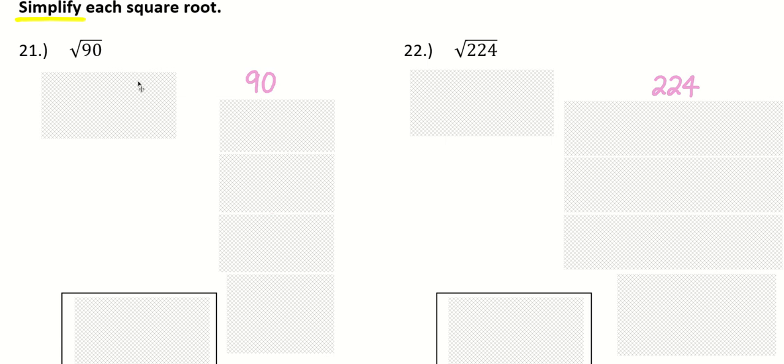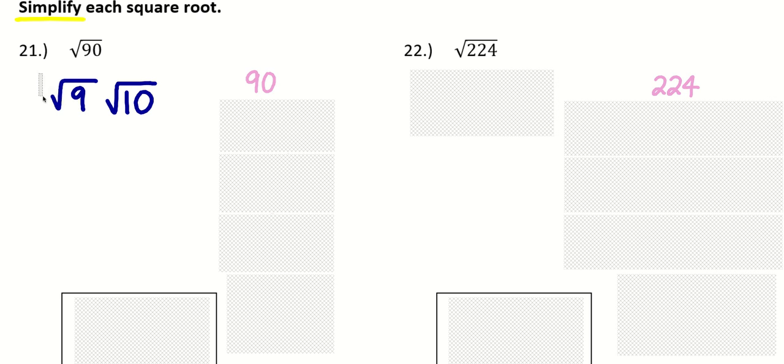So my method that I like is, if you can look at 90 or 224 and confidently come up with the largest perfect square that you could break off as a factor, like you could break this up into two factors, the square root of something times the square root of something, as long as one of those somethings is the largest perfect square possible, like here it's 9.